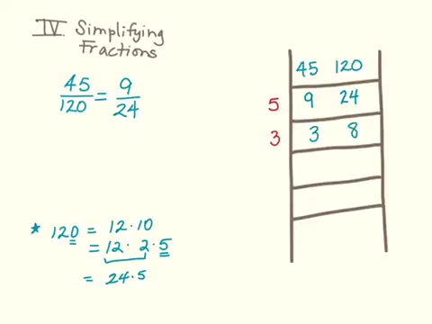Now we're at the point where the greatest common factor between 3 and 8 is 1, and at that point we know that we have our simplest form of our fraction. So 45/120 simplifies completely to 3/8.